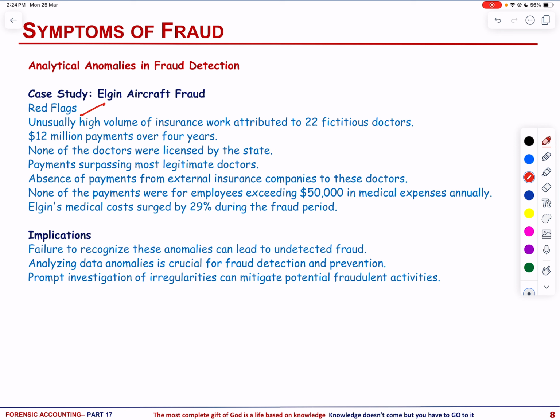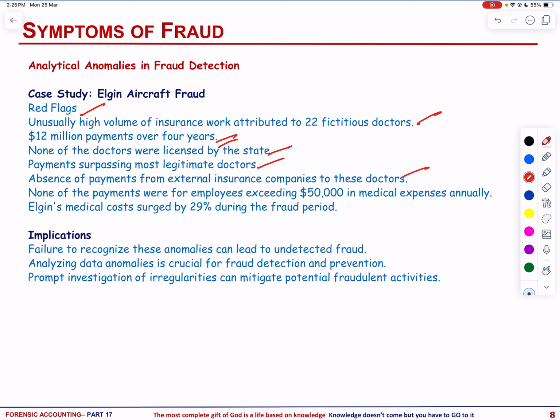The unusually high volume of insurance work attributed to 22 fictitious doctors, resulting in 12 million in payments over 4 years, stood out. Furthermore, none of these doctors were licensed by the state, yet they received payments surpassing most legitimate doctors.